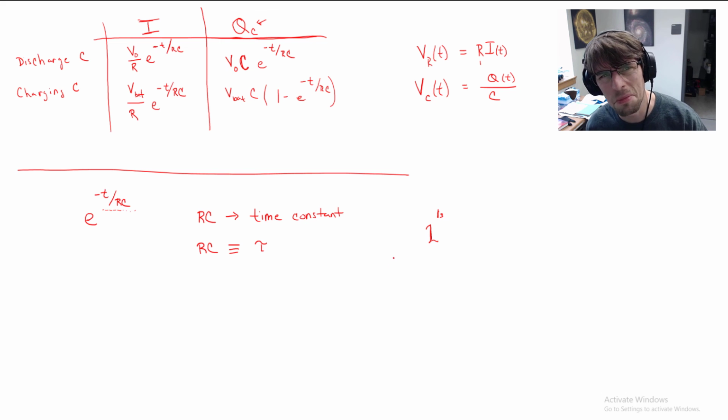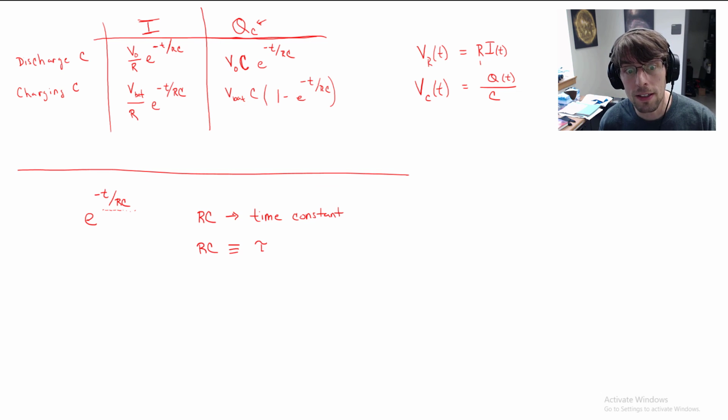Well, what does that actually mean? Units don't belong in exponentials. So if I have time in the exponent, and time has units of seconds, then RC must also have units of seconds.